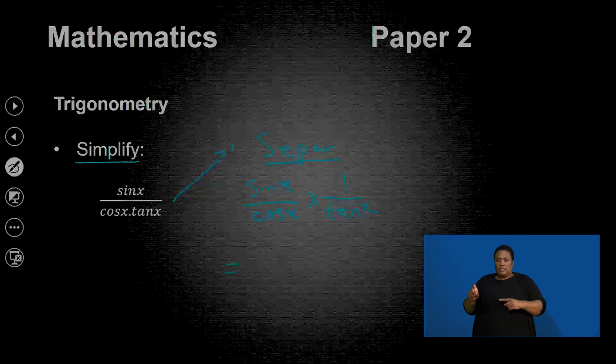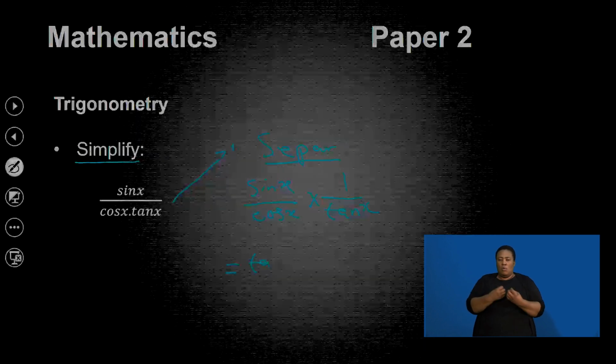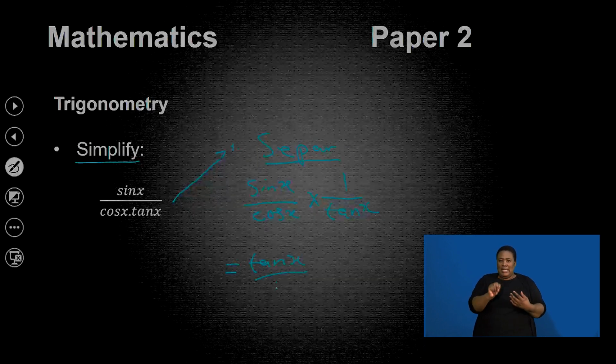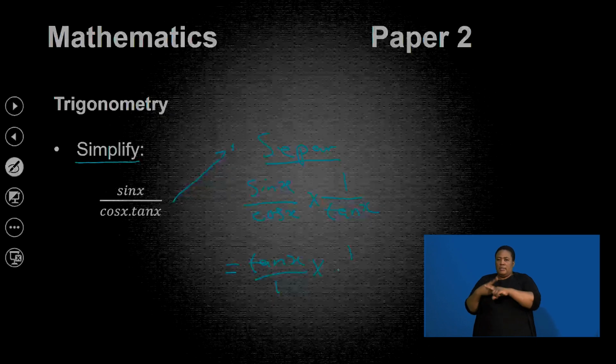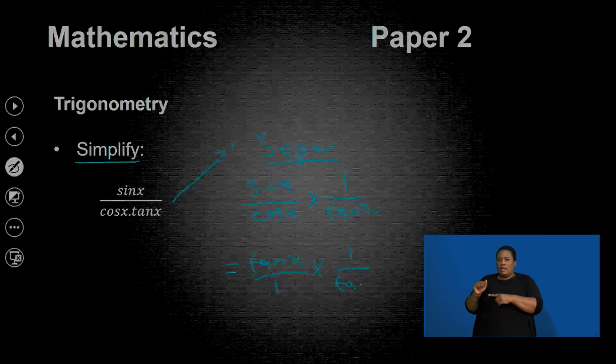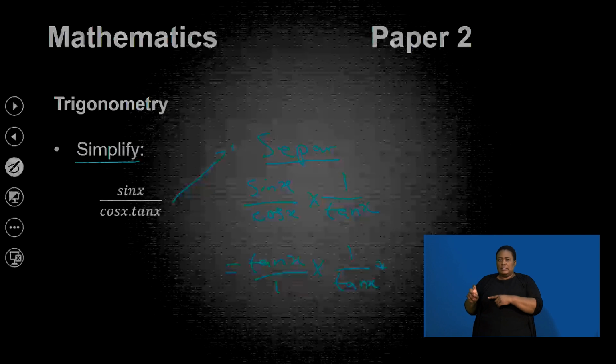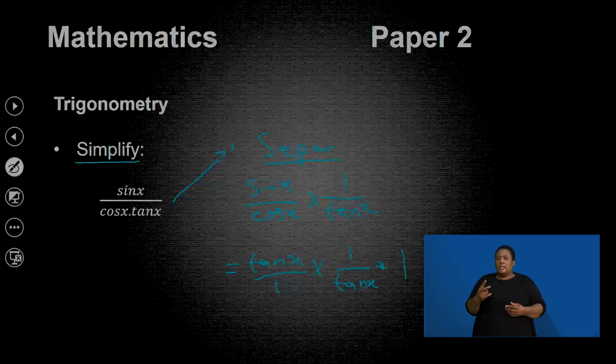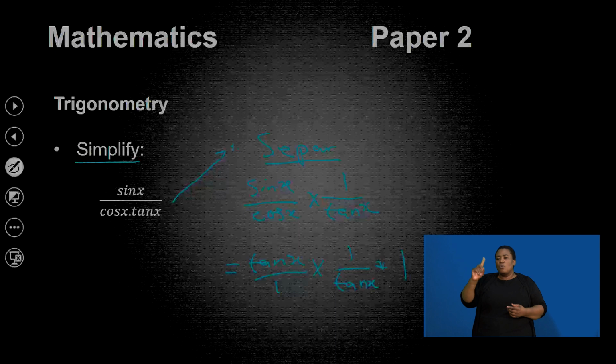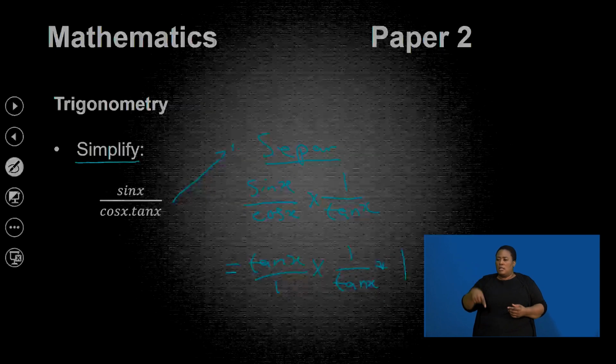And then this will lead to tan x over 1 multiplied by 1 over tan x. And then automatically you can see that this is going to be equal to 1 because the tan x and the tan x are going to divide each other.